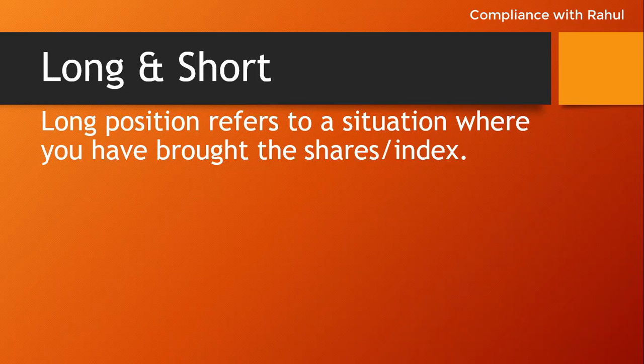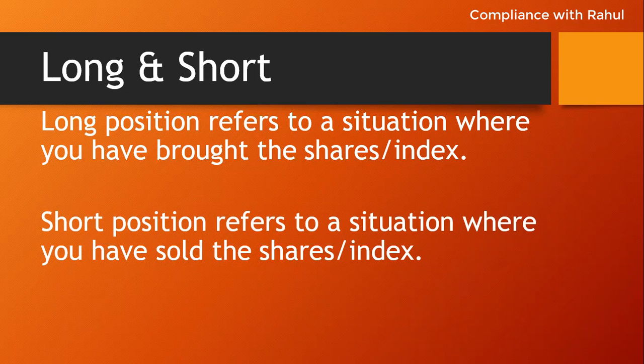Long positions are usually used in a bullish market where you buy at a lower price and sell at a higher price to make profits. However, a short position arises when you sell a certain stock or index and buy it back at a lower price. Here you are expecting the market to be bearish.